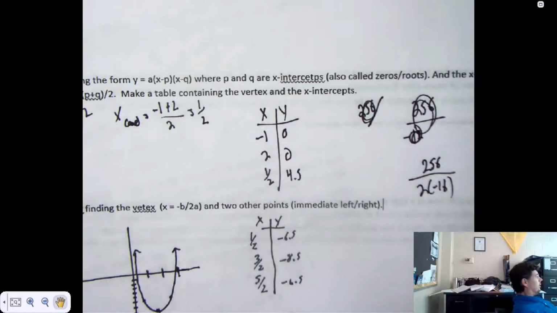No math in your head whatsoever. Pretend you're that kid who doesn't know a darn thing, can't do anything. I realize the way these numbers are, you can do some of that in your head. Don't do any of it in your head. Just type that in your calculator.